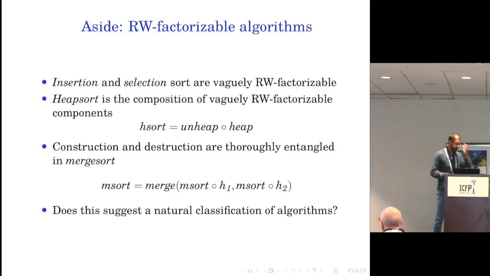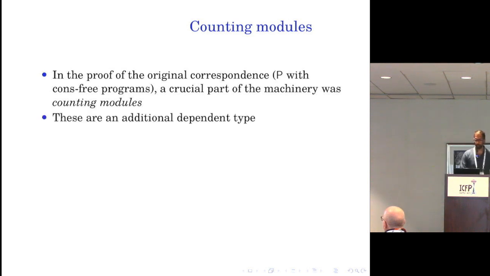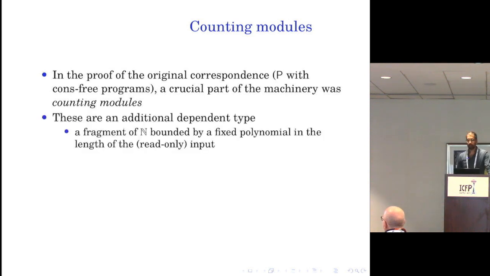Okay, so that's one deeper question, but let's leave that aside for the following time and talk a little bit about the proof. So in the proof of the original correspondence, cons-free programs with polynomial time relations, a crucial part of the machinery was counting modules. A counting module is basically a dependent type. It's an initial segment of the natural numbers, which is bounded by some polynomial in the length of the input.